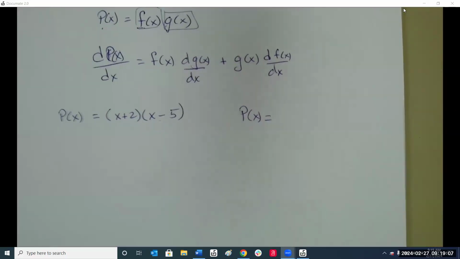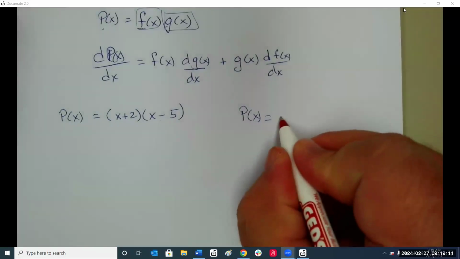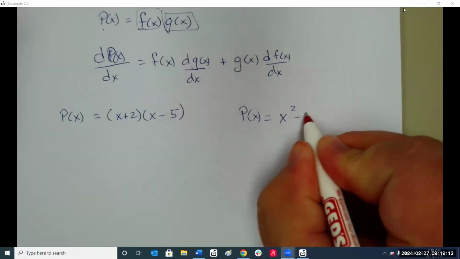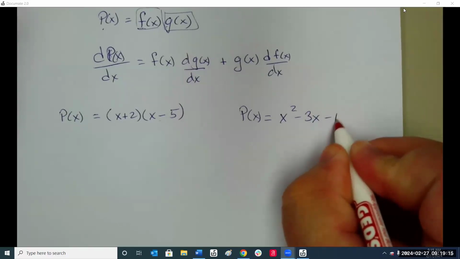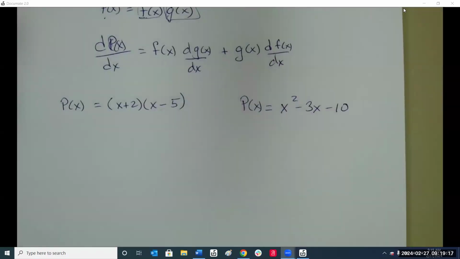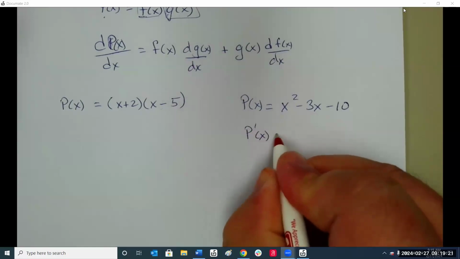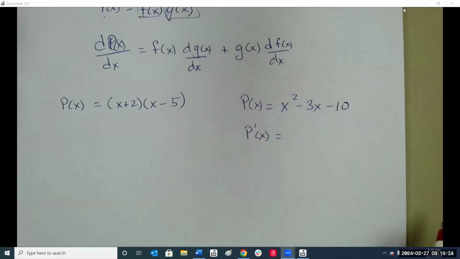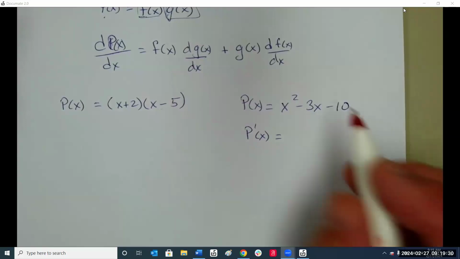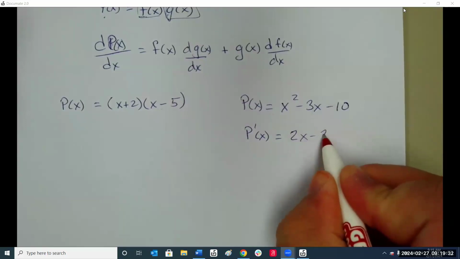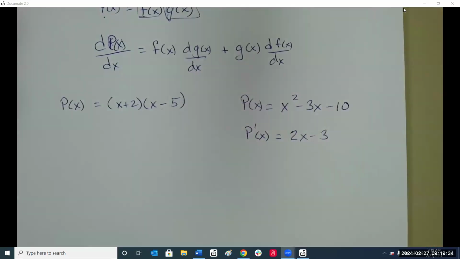We should get the same answer for both of them. If we multiply these together, we get that. So the derivative should be what? 2x minus 3. That's what it should be.